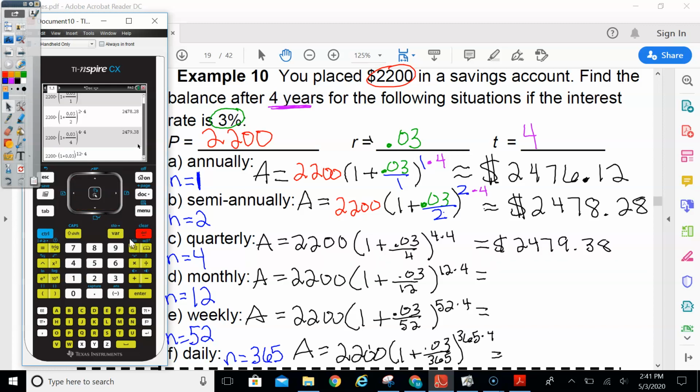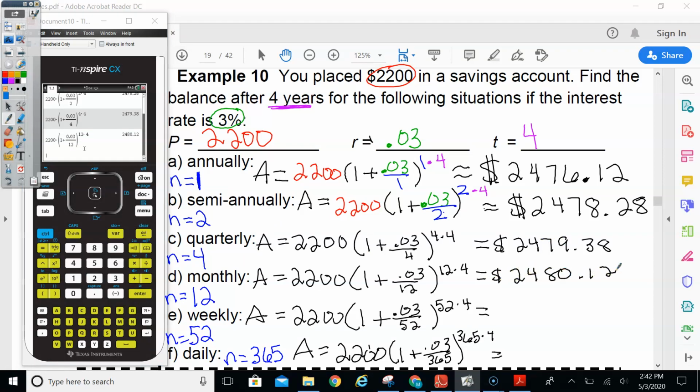So 0.03 divided by 12. $2,480.12. So it's going up, but again, it's not like it's hundreds and thousands of dollars more. It's a couple of dollars more.